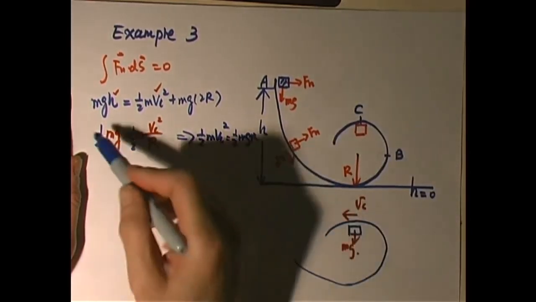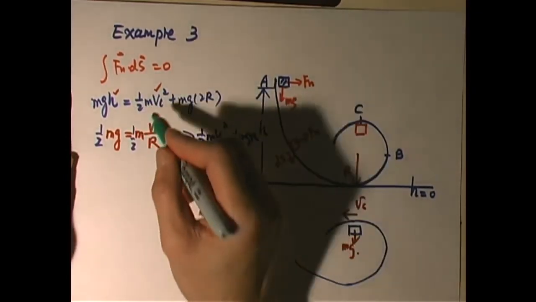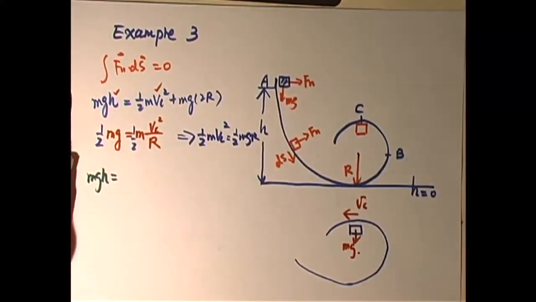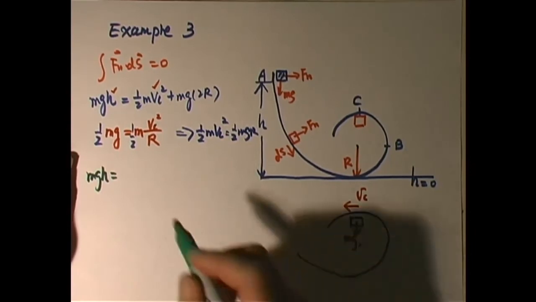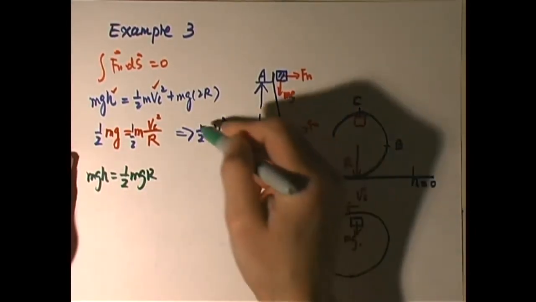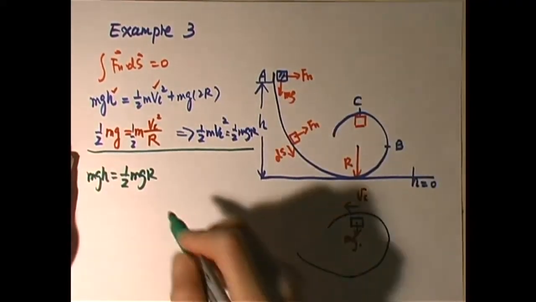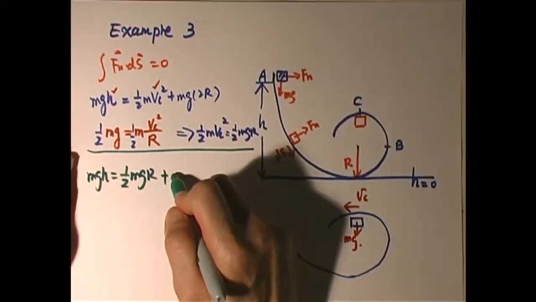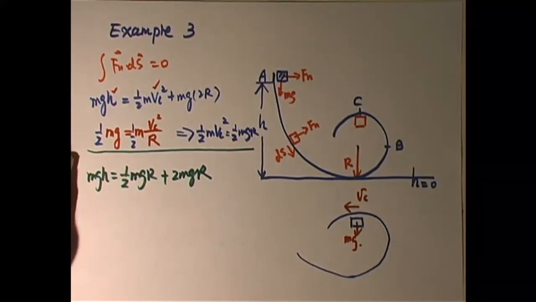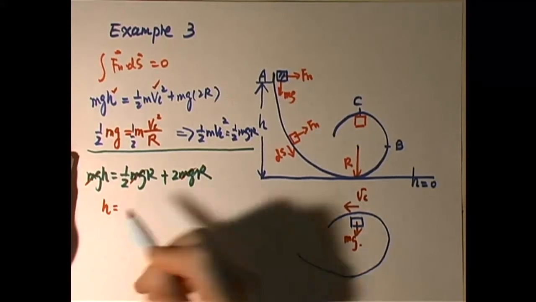So the left side is mgh, and the 1/2 mvc squared term is replaced by 1/2 mgr, and the next term is mg2r, so it's 2mgr. Now mg cancels everywhere. So what must h equal?